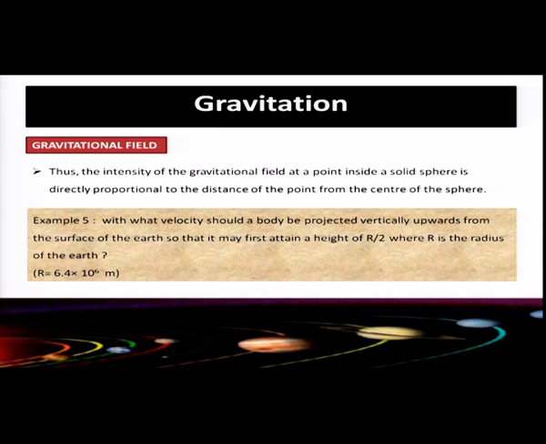And we will solve a problem: with what velocity should a body be projected vertically upwards from the surface of the earth, so that it may first attain a height of R by 2, where R is the radius of the earth. You take the radius of the earth, R is equal to 6.4 into 10 power 6 meter.